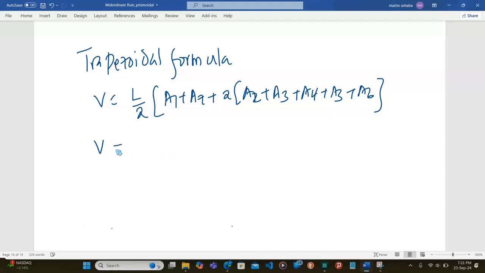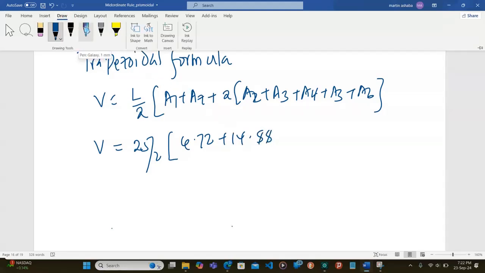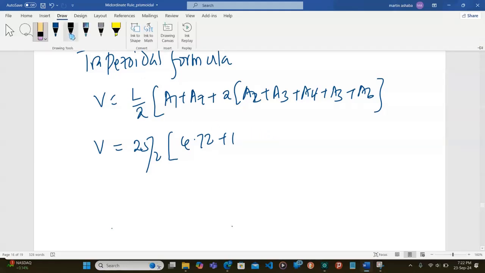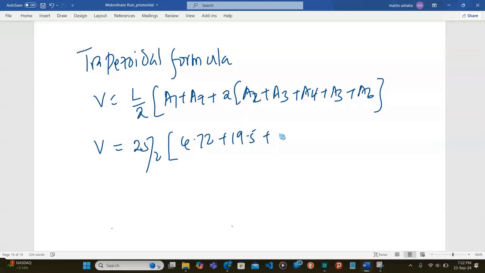Our volume will be 25 over 2 into A1, which is 6.72, plus A7, which is 19.5. So we add 2 into the sum of the rest of the others.